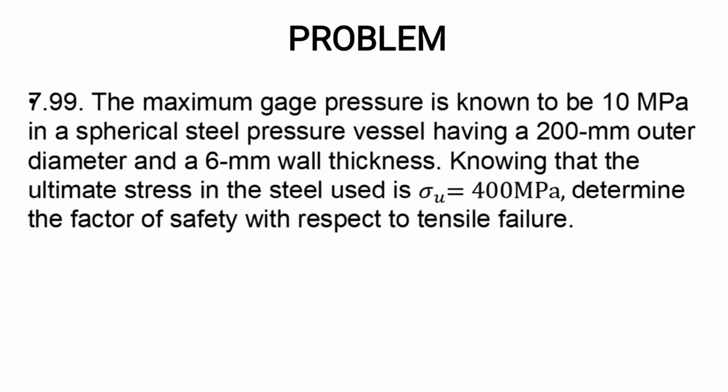The problem: The maximum gauge pressure is known to be 10 MPa in a spherical steel pressure vessel having a 200 mm outer diameter and a 6 mm wall thickness. Knowing that the ultimate stress in the steel used is 400 MPa, determine the factor of safety with respect to tensile failure.